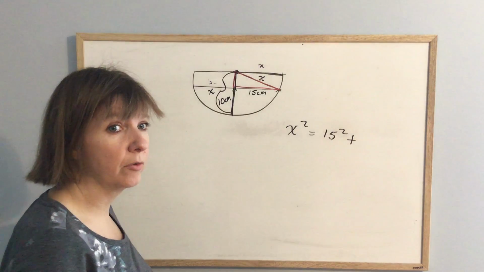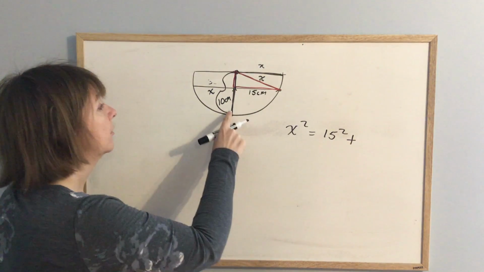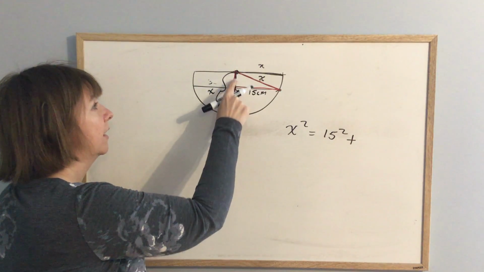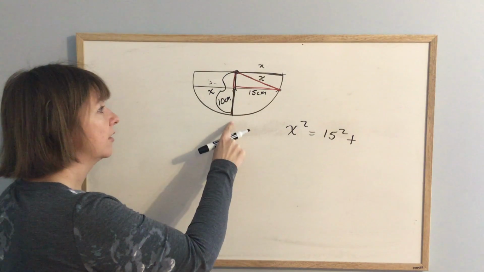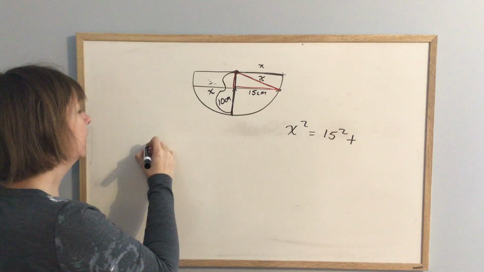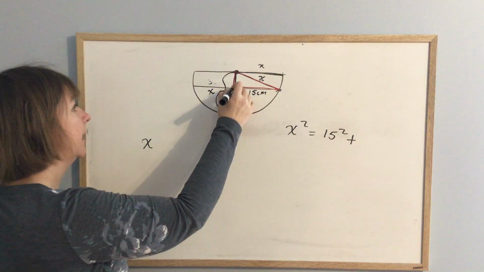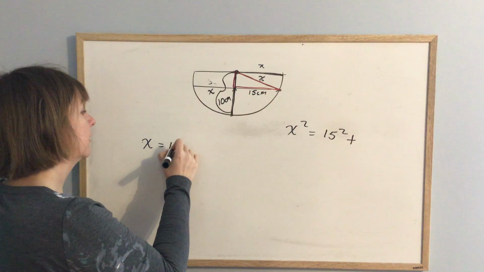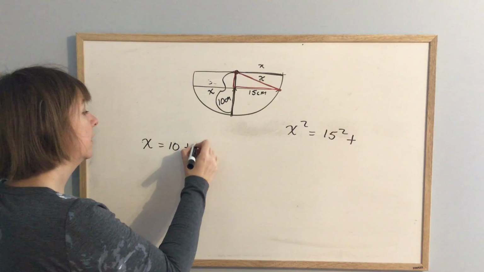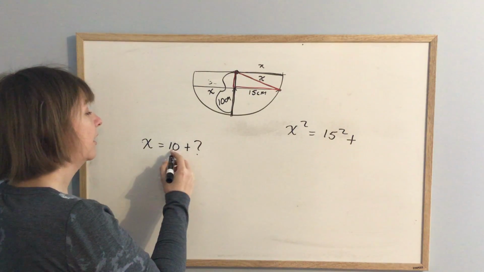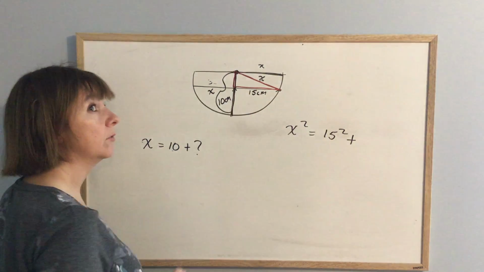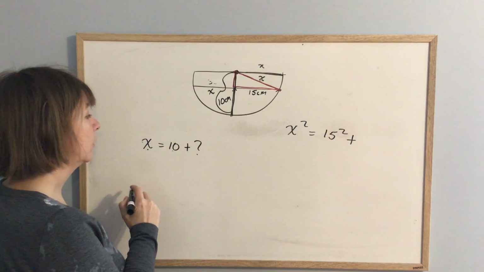So what I have to do is figure out what that side is. So if this is 10 and the whole thing is x, right? So the whole length is x and that piece is 10, right? And so 10 plus whatever that red piece is will equal x.